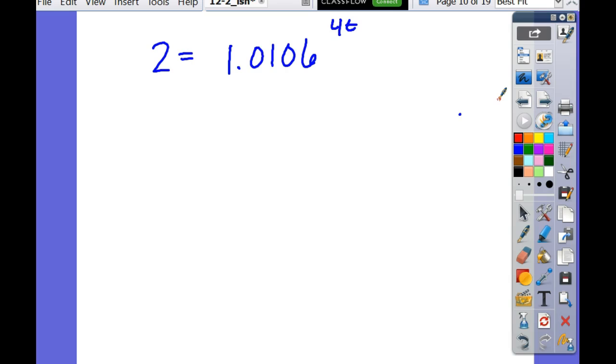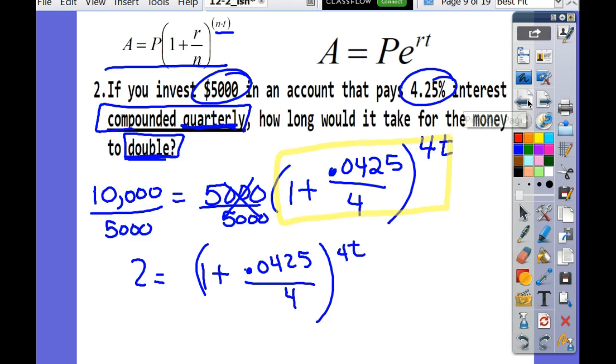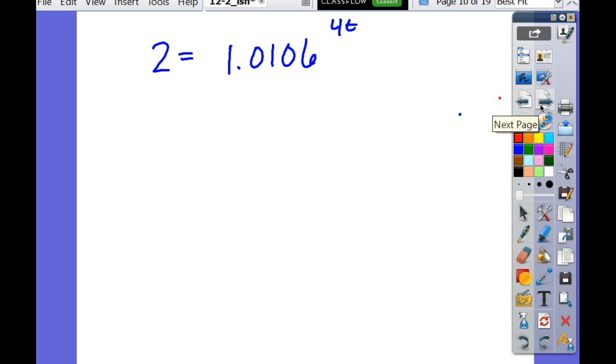Going back here, the very first step in the problem is to divide by the 5,000, and that's where the 2 came from. Some of you got it right. What we are going to do here is take the log of both sides.